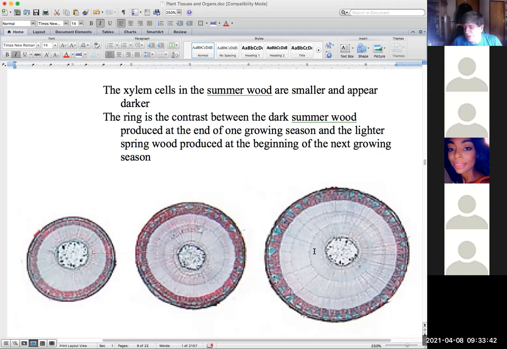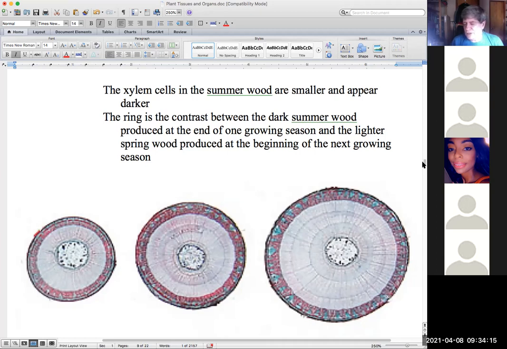Here we can see a 3-year stem. So the first year secondary xylem is in here. The second year secondary xylem is in here. And the third year secondary xylem is in here. Notice you can tell by looking at this that the second year was a wetter year than the third year, unless they cut this down in the third year and it didn't have a chance to make all the xylem it was going to.